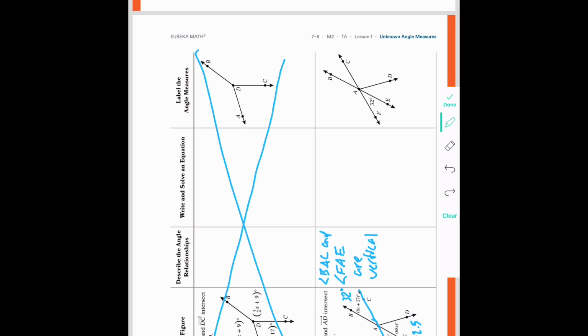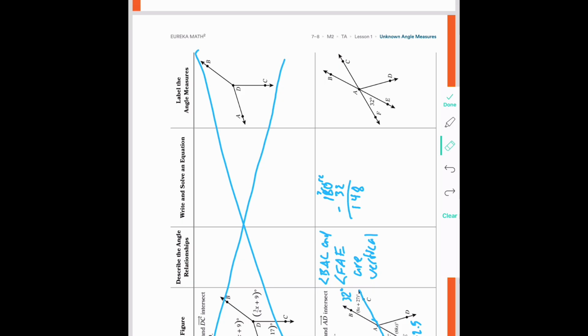So I know both of them should add up to equal 180. I know one side's 32, so if I do 180 minus 32, I can figure out that this space right here is 148 degrees over there.